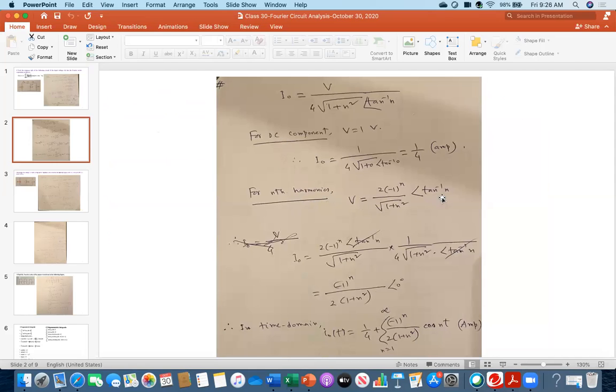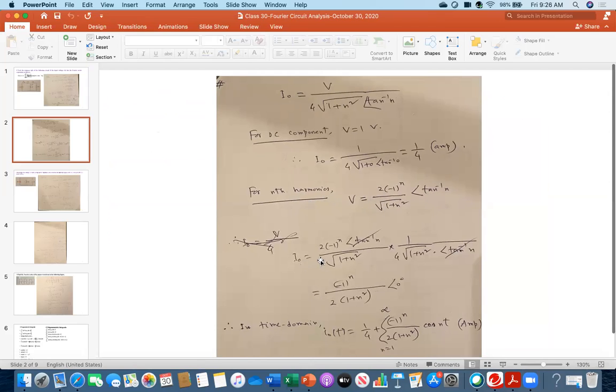V is that one, and then you plug this into the I naught equation. That's all. Everybody look, I am plugging this in here. What I am getting for I naught: first this one, then I wrote that fully, then multiplied by 1 over this term. And then I am simplifying.